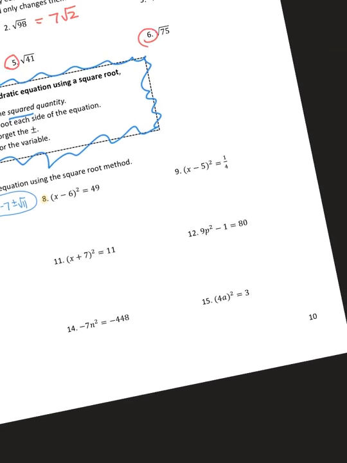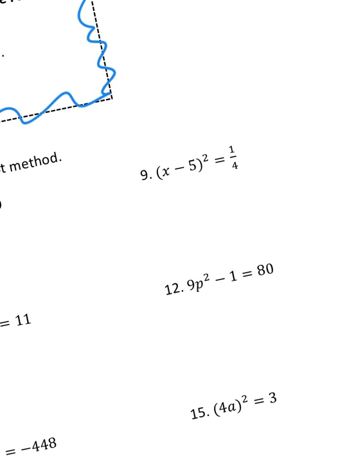In number 9, again, we are looking to isolate the squared quantity. So let's highlight what is being squared. x minus 5 is being squared because it's an entire quantity. And so we don't have anything else to move in order to isolate the square. So we're going to square root both sides.